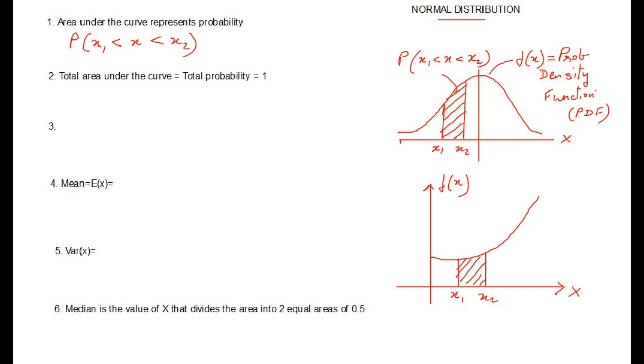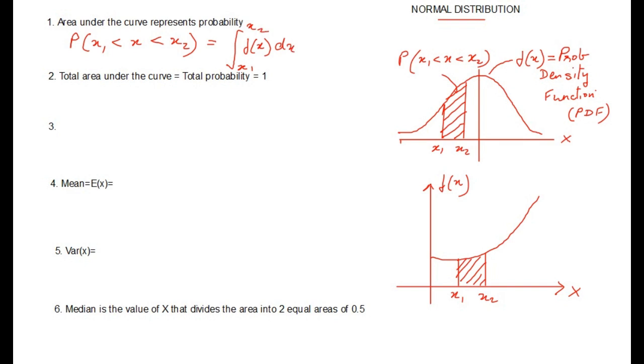So last year we realized that if you integrate a function between two limits, you end up with the area under that curve between those two limits, right? So this year, for calculating probability, because probability is the area under a probability density function, we're going to use integration to calculate that area. So we're going to integrate f of x between x1 and x2, and that will give us the required probability for x between x1 and x2.